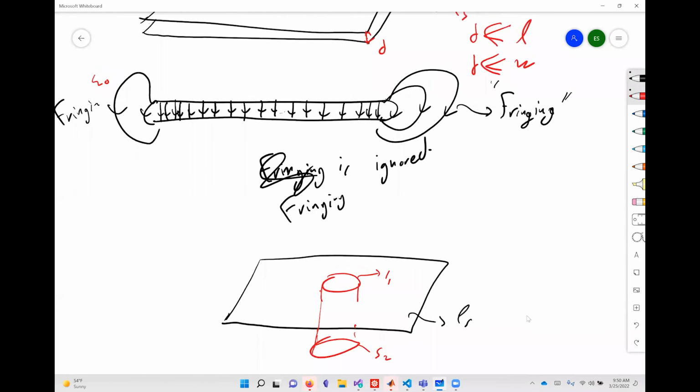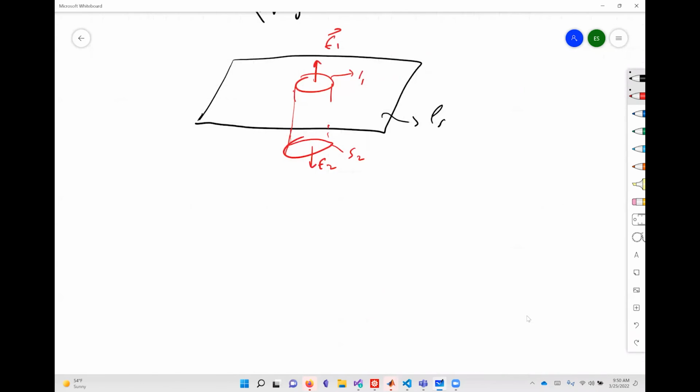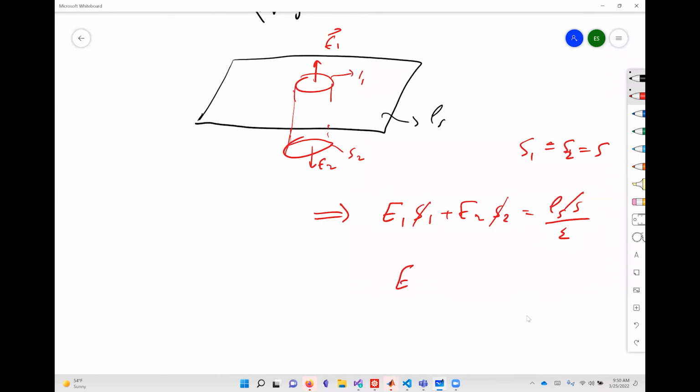And then I have the field just above, E1, and the field just under, E2. So say rho s is positive. Using Gauss's law, I end up with E1 S1 plus E2 S2 equals rho s S over epsilon. S1 equals S2 equals S, so this cancels, right? And from symmetry, E1 equals E2. You're at equal distances away, so they have to be equal.